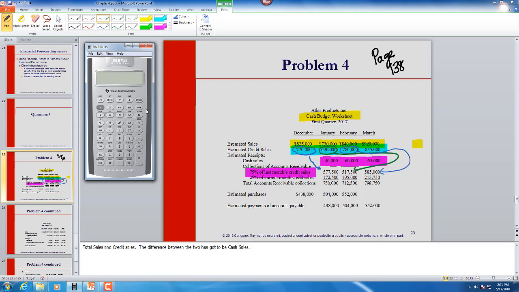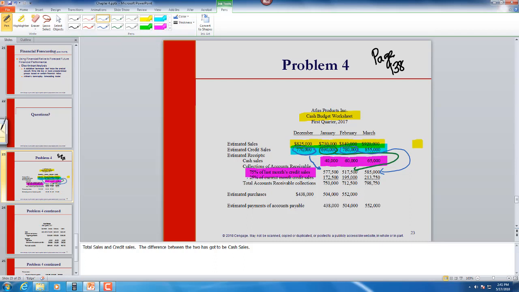And in January sales you got 690,000, multiplied by 0.75, collected in February, which is 517,500. Now, what about the rest of January sales? That is, 690,000 minus 517,500 gives you 172,500. 172,500 is collected in January itself.